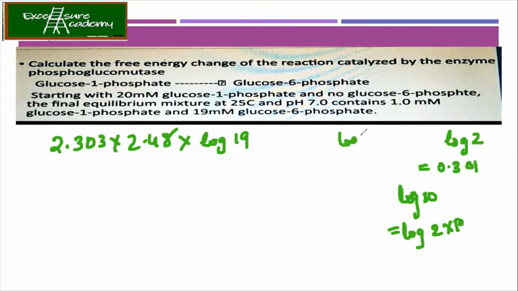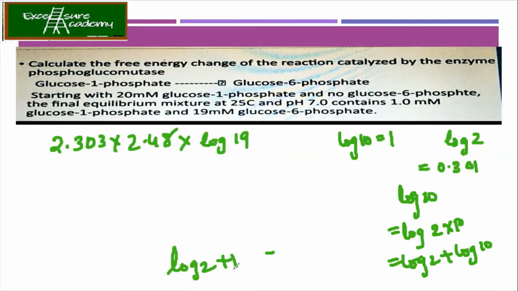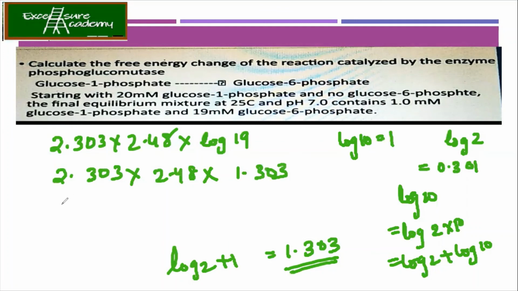How much is the value of log 10? 1. Very good. In logarithms, log of 2 into 10 can be written as log 2 plus log 10. Then this can be written as log 2 plus 1, and I know the value of log 2. So this becomes 1.303. So now I have the value of log 19 approximately. Now you just multiply these numbers. Some value like 7.3 you will get.